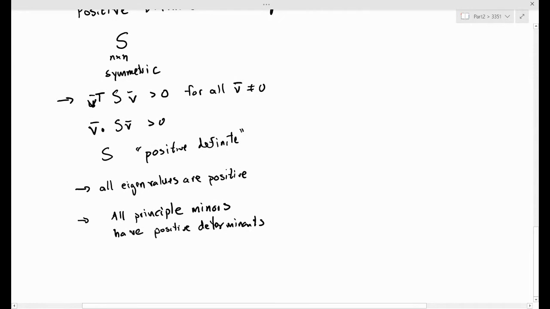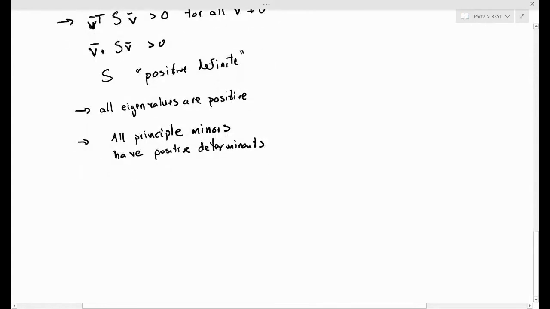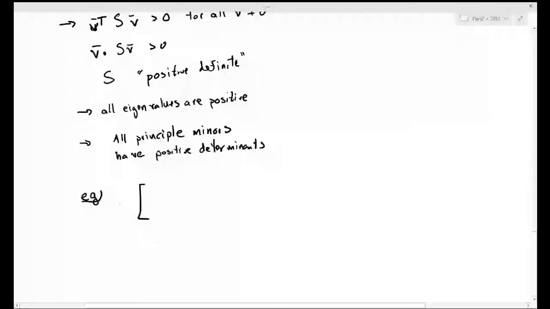Okay. So here's an example of a positive definite matrix. It's a very simple one.